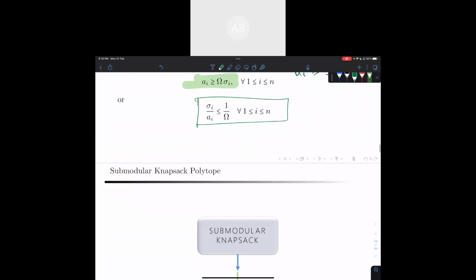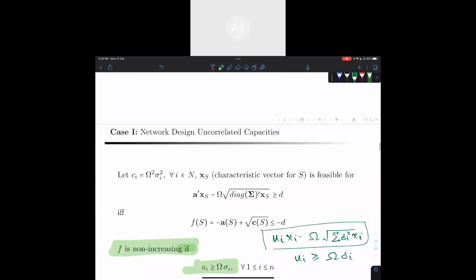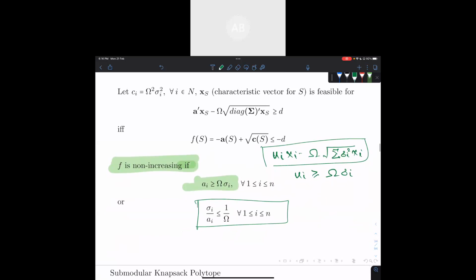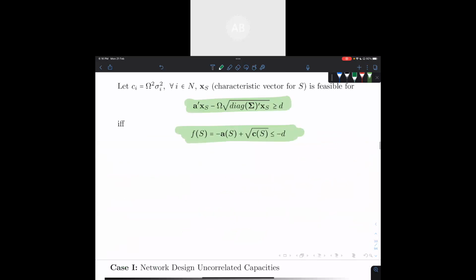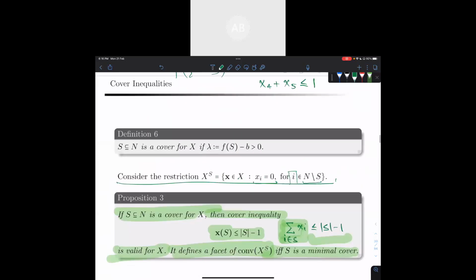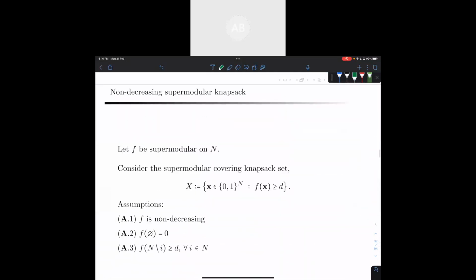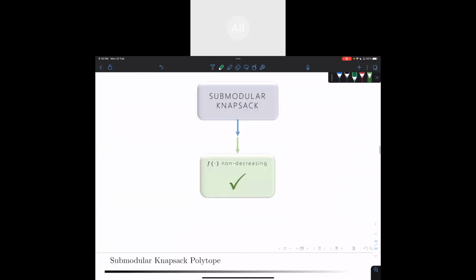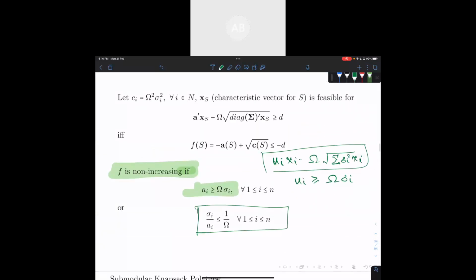And how does that help us? So here our function is non-increasing. We just looked at non-decreasing submodular knapsacks, right? So here in our case, we are looking at non-increasing submodular knapsacks.